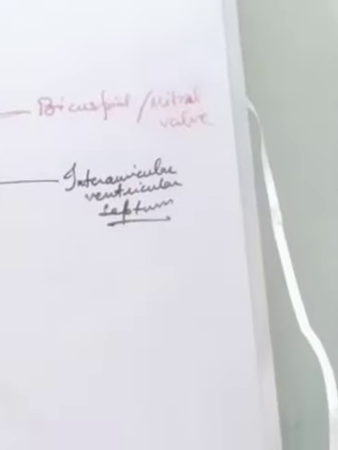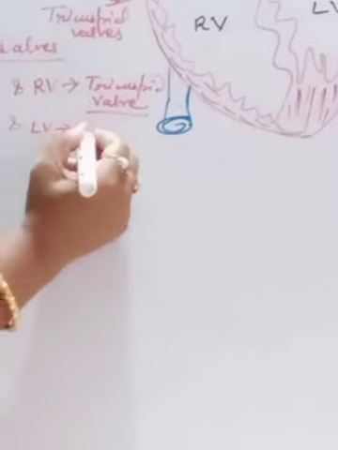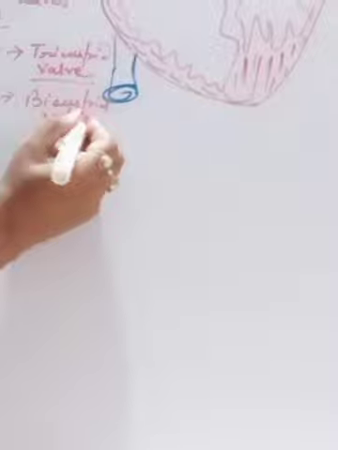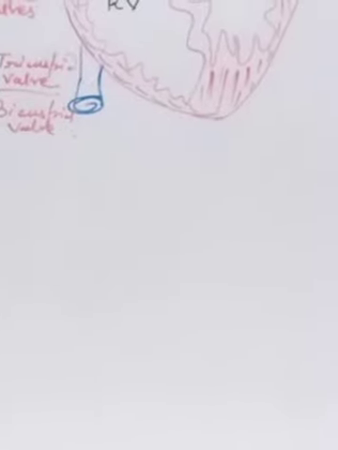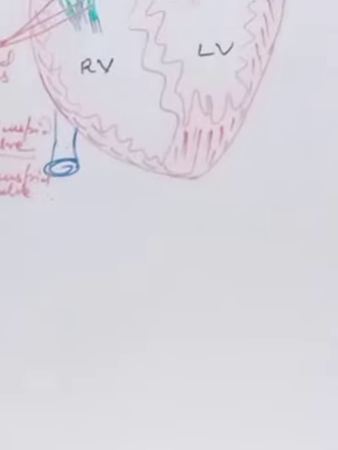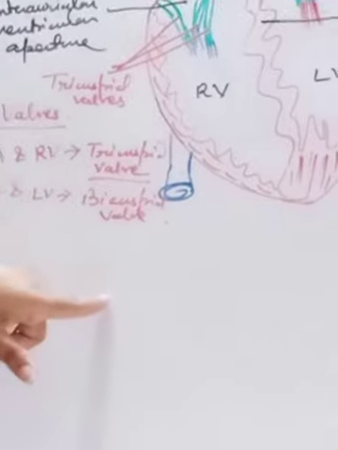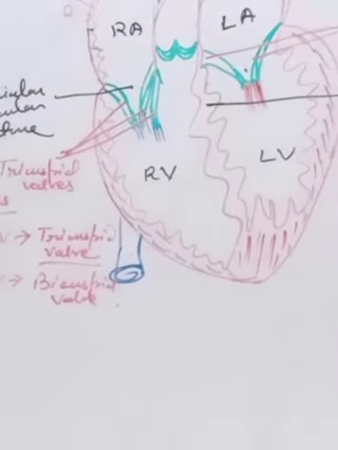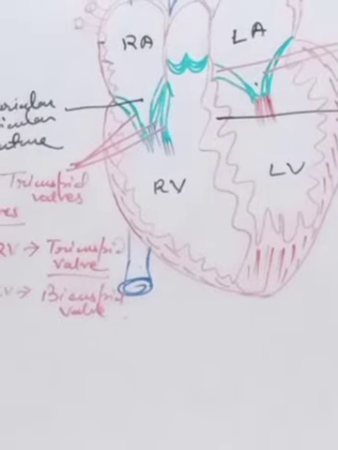So the valve that is present between LA and LV is called the bicuspid valve. Total valves we are having 4. One is tricuspid, one is bicuspid. One is having 2 cusps, one is having 3 cusps.